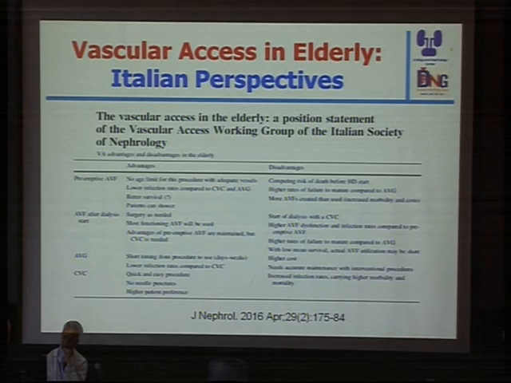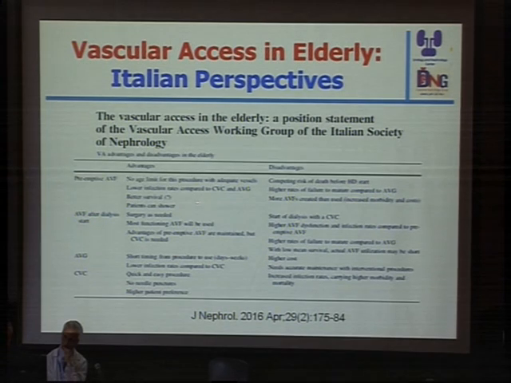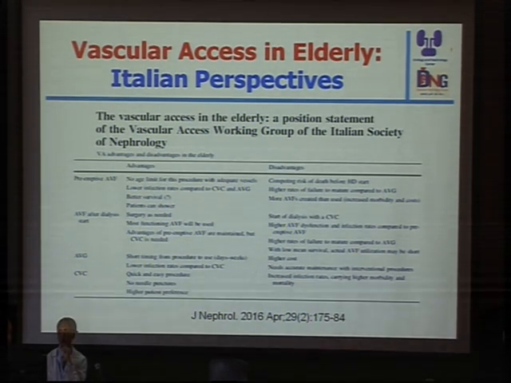And this is one of the most important slides, because here the advantages of the fistula are no age limit for this procedure with adequate vessels, lower infection rate compared to catheters and graft, maybe better survival, and the patient can take his shower.